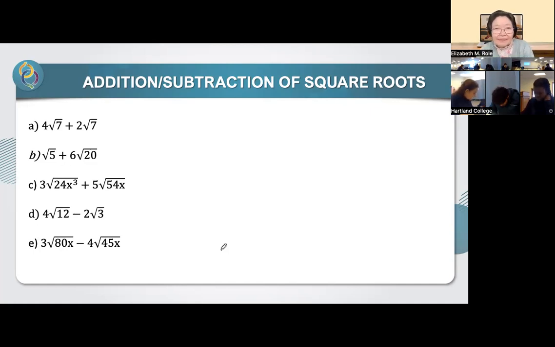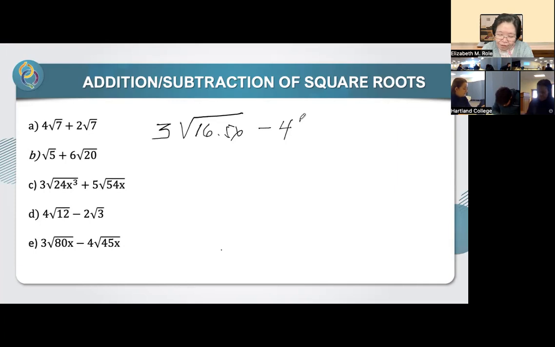What did you get? Is that the square root of 5x? Yeah, that's all. Let's see. All right, so let's do that step by step. 80x is the same as 16 times 5x, minus 4.